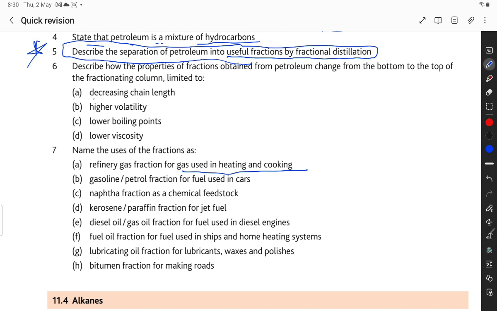Decreasing chain length at the top, higher volatility at the top, lower boiling point at the top, and lower viscosity at the top, which has fewer carbon atoms. As the length of the carbon chain increases, compounds become less volatile, with higher boiling point and higher viscosity.